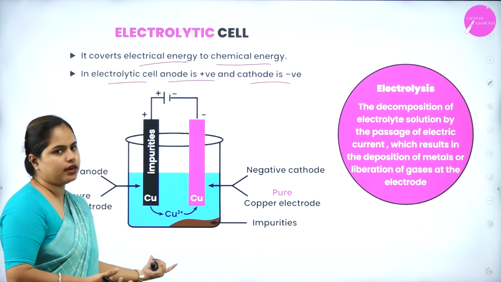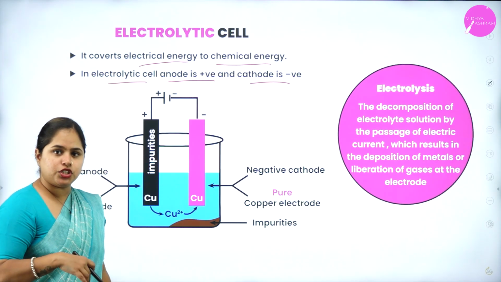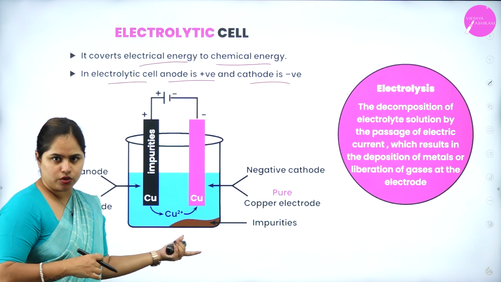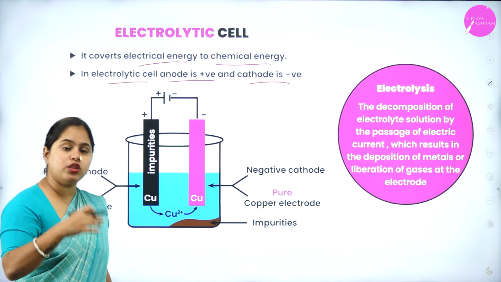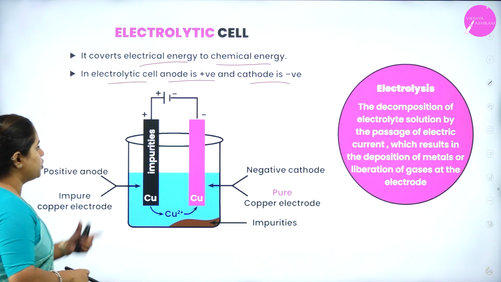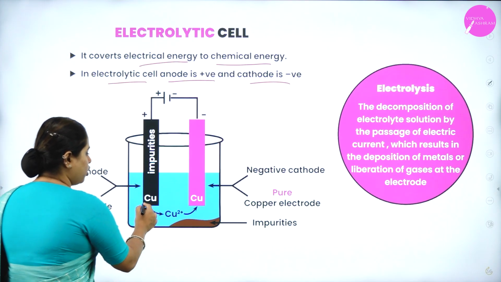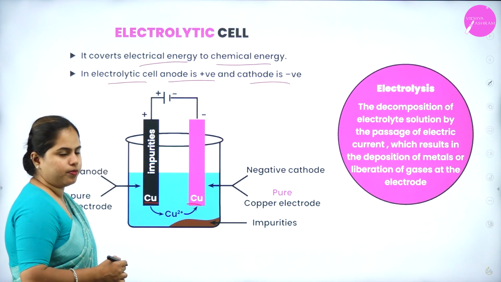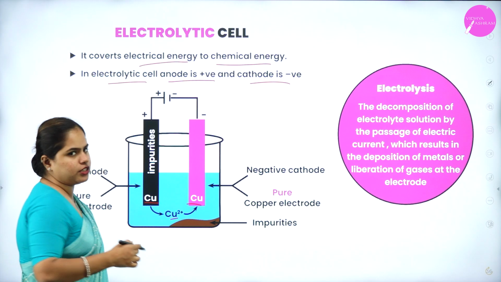Only one container, in which only one electrolyte solution will be there, and both the electrodes are dipped in it. So you can take an example here: both of these electrodes are made of copper and are dipped in copper sulfate solution.